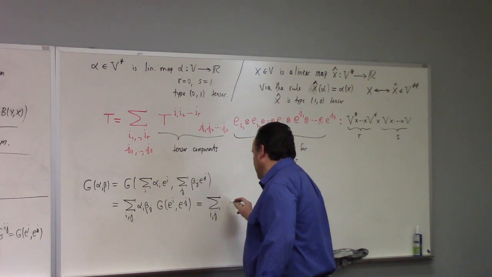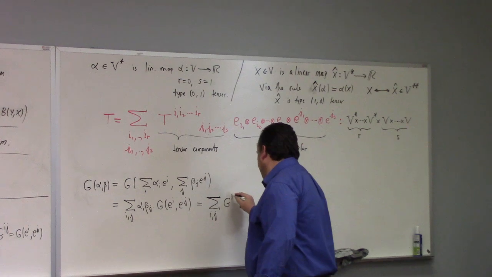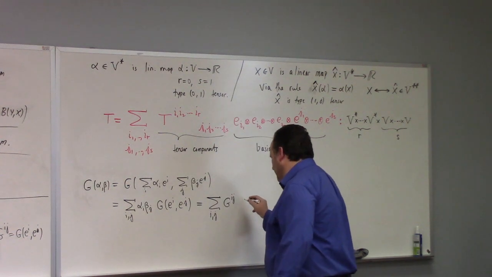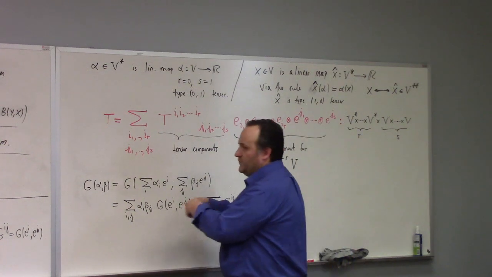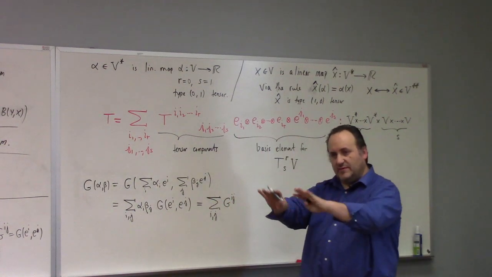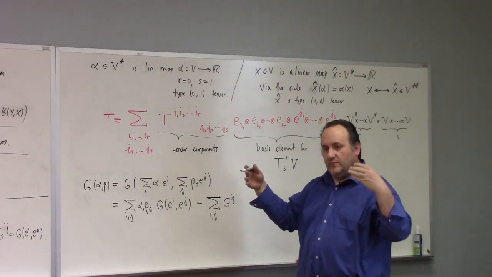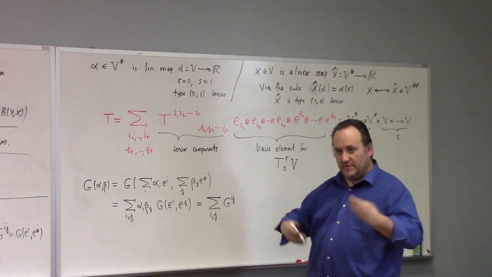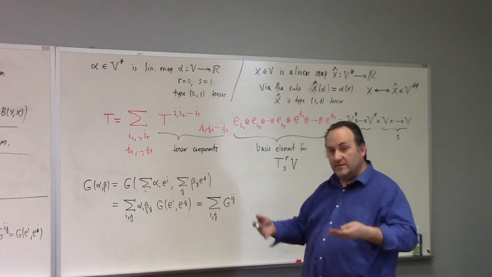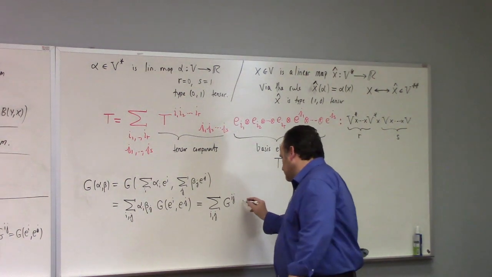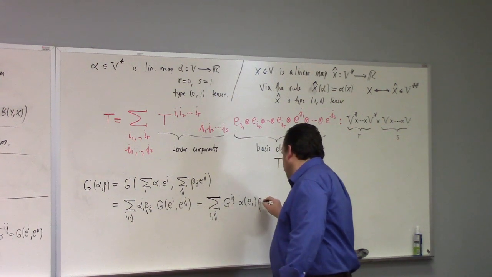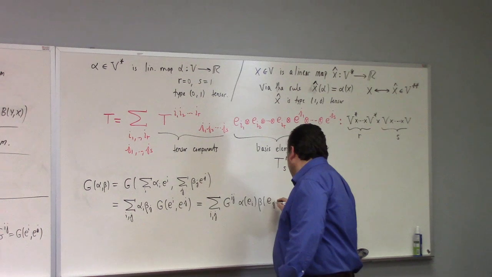Maybe I need a lemma number 2. Alpha lower i, we already proved this today. I just need to look back earlier in the lecture. What was the ith component of the dual vector? It's alpha of e_i, and that's beta of e_j.